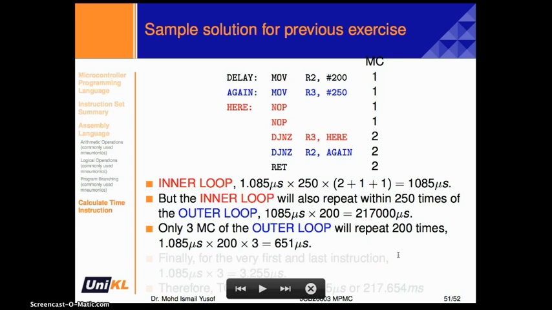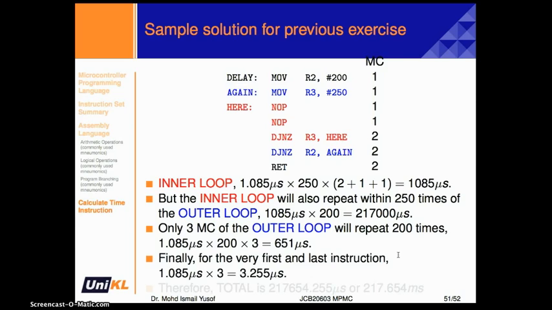Finally, for the very first and last instructions, we have MOV 200 into R2, which is 1 machine cycle, and RET, which is 2 machine cycles. We multiply it by 1.085 microseconds and we have 3.255. So just total up everything.